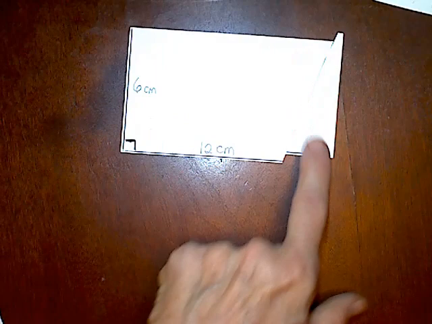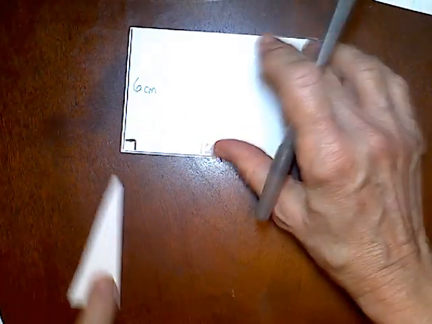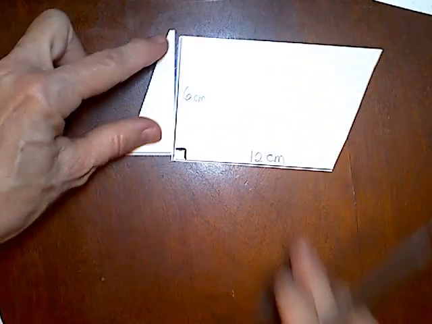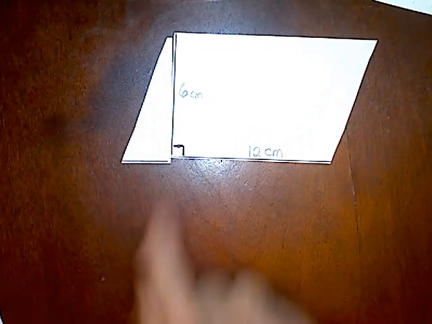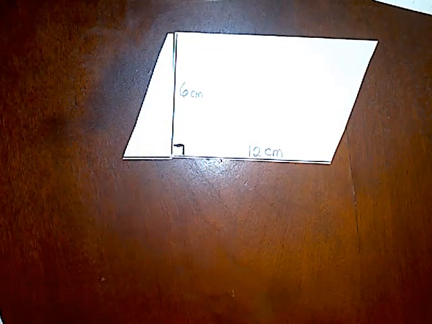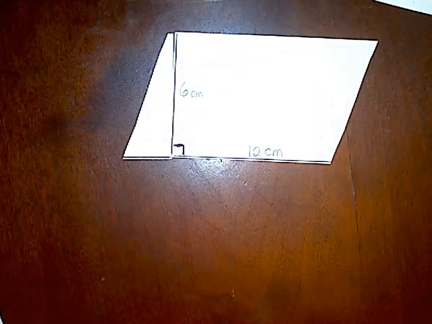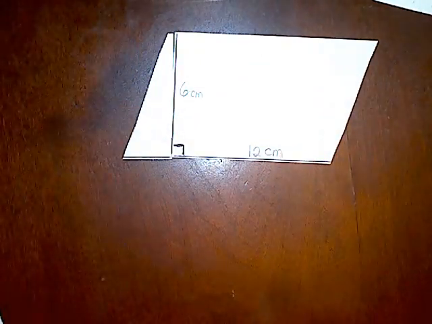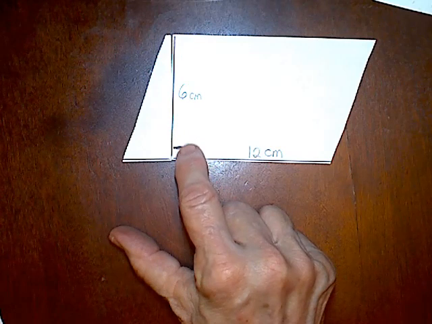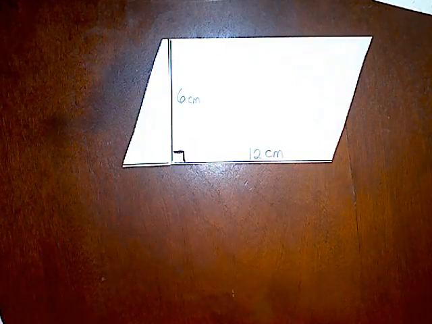Well, watch this. All right. I just turned that into a parallelogram. Again, a parallelogram has two sets of congruent parallel sides. Well, did the area change? No. So it's still 72.